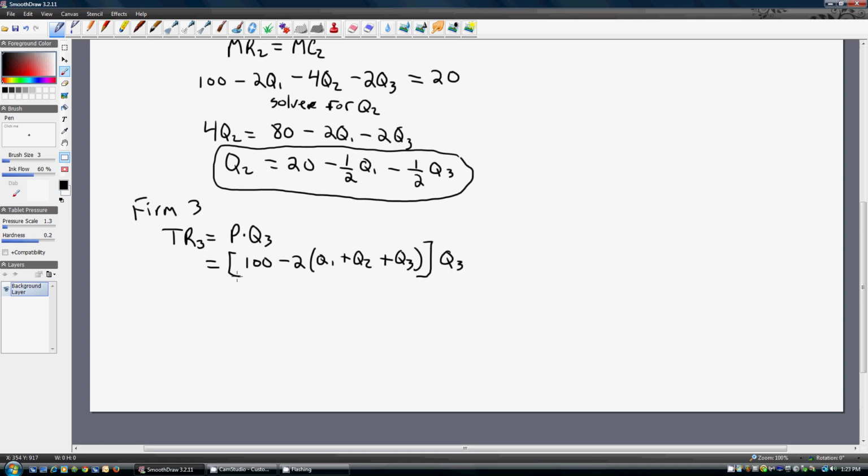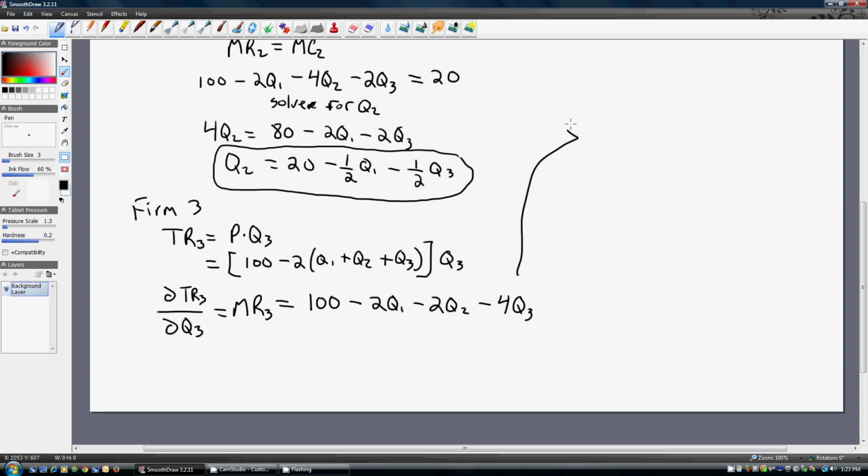I'm going to skip a few steps here in the interest of time, so simplifying this out and then taking the partial derivative with respect to firm 3's output, we get the marginal revenue for firm 3. Which will look something like that.